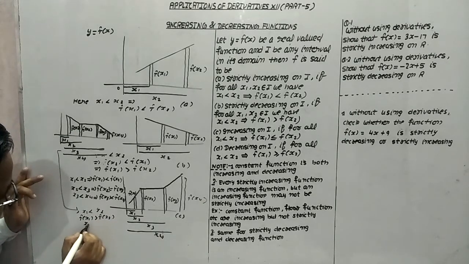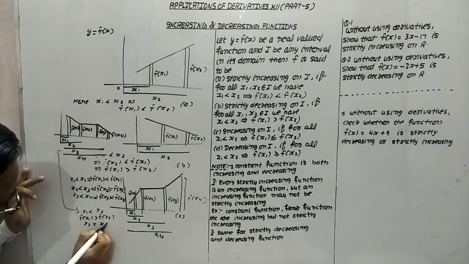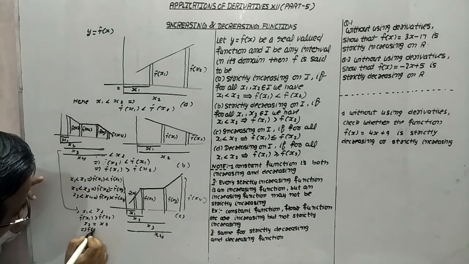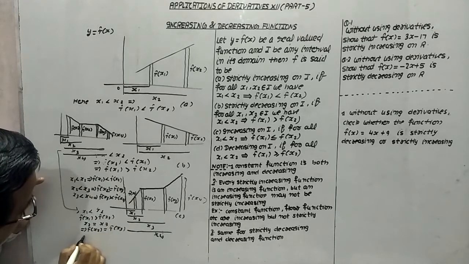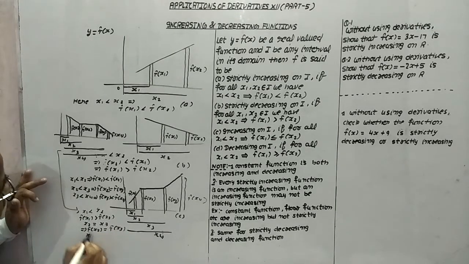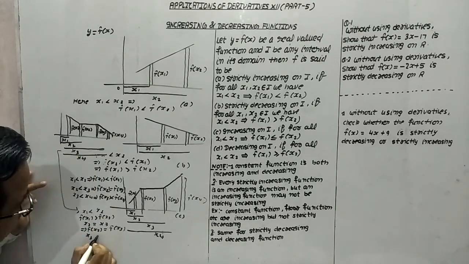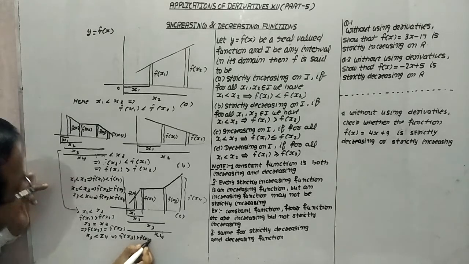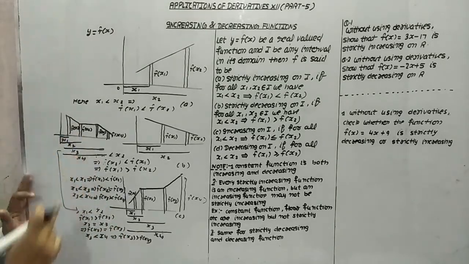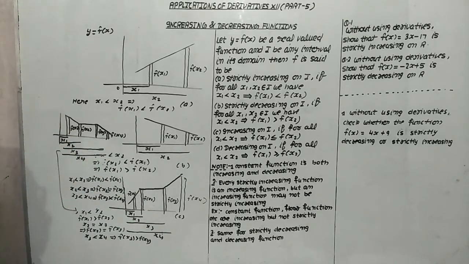Another thing, if here x2 is equal to x3, it implies that f(x2) is equal to f(x3). And then another thing, if we have x3 less than x4, it implies that f(x3) is greater than f(x4). It shows that this is the curve of a decreasing function.